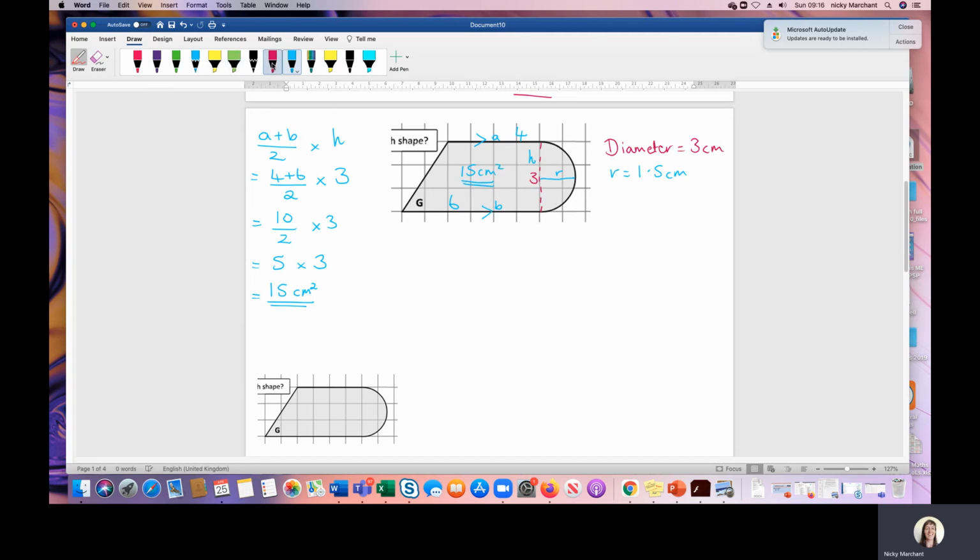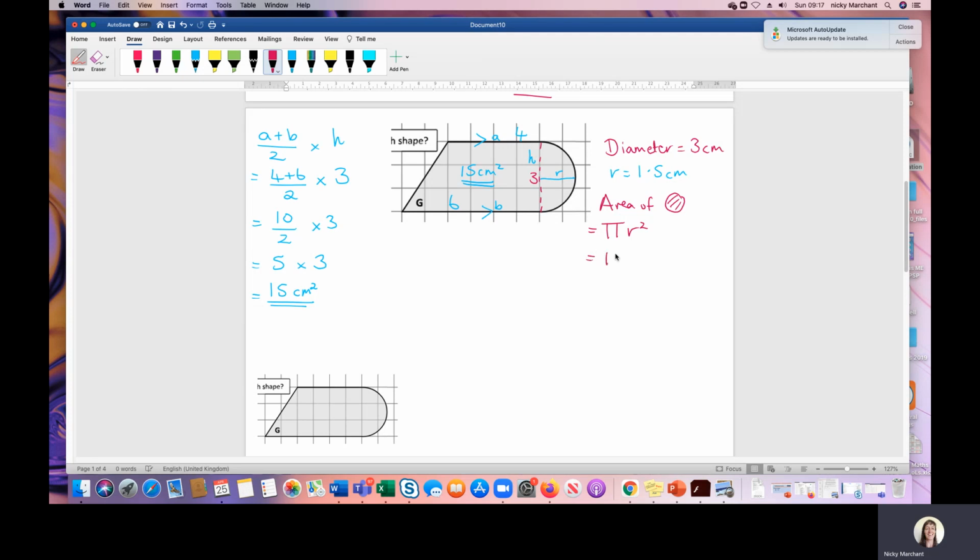Now the circle. So we want the area of our circle. The formula for this is pi r squared. Be very careful, you only square your r.